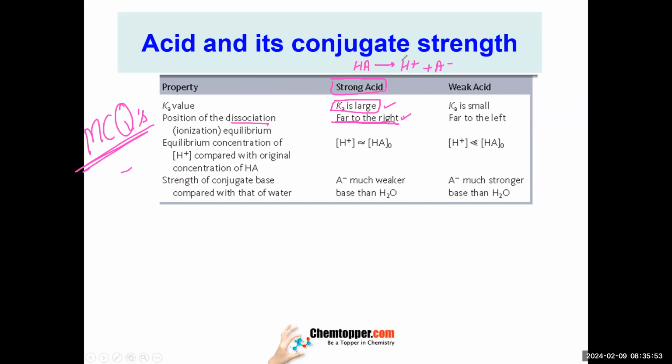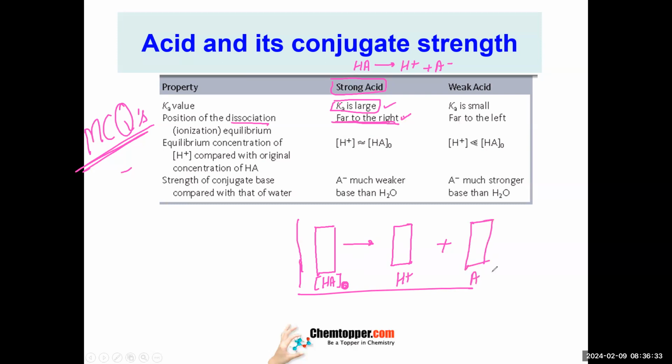And in this, the concentration of H plus and A minus and the concentration of HA, you remember I was showing you a graph. We call it initial, T0. This thing you have done in kinetics with me. If it is a strong acid, it's going to dissociate completely to give you the same amount of H plus and A minus.